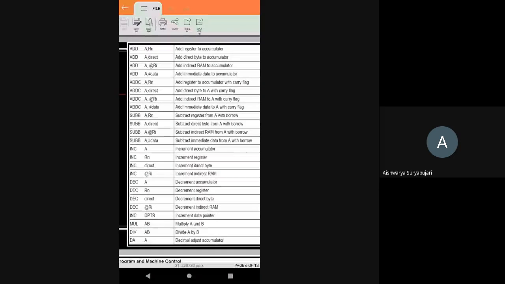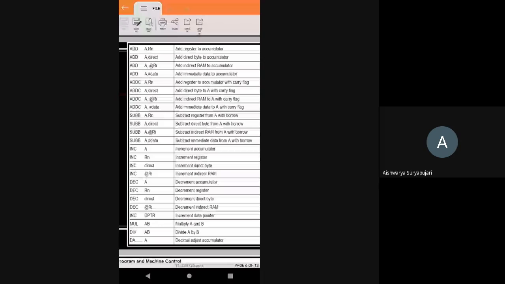The same is applicable for decrement. 4 इन्स्ट्रक्शन इन्क्रीमेंटच्या, 4 इन्स्ट्रक्शन डिक्रीमेंटच्या, 4 इन्स्ट्रक्शन ADDच्या, 4 इन्स्ट्रक्शन ADDCच्या आणि 4 इन्स्ट्रक्शन सबट्रॅक्शनच्या. How simple to remember, you just note it down. प्रत्येकाचे 4 आहेत आणि प्रत्येकाचं ऑपरंड is same.